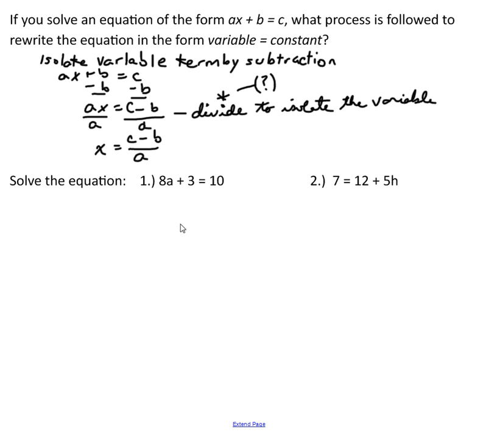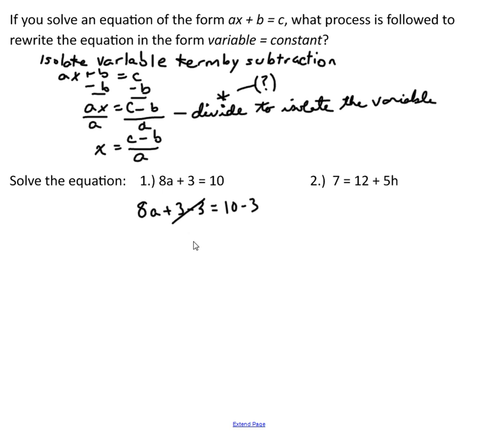Let's go through these two examples here just to get a quick idea. I've got 8a plus 3 equals 10. And our first step is to start by isolating our variable term using subtraction in this case. So we've got 8a plus 3. We want to get the 3 out from the left-hand side onto the right-hand side, because we're going to subtract 3 from both sides equally.